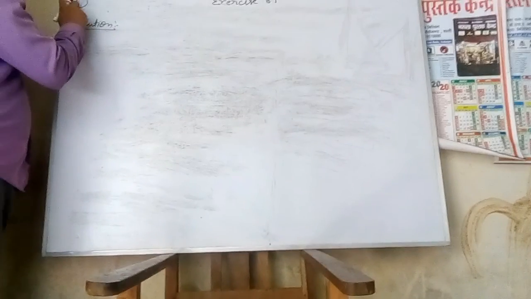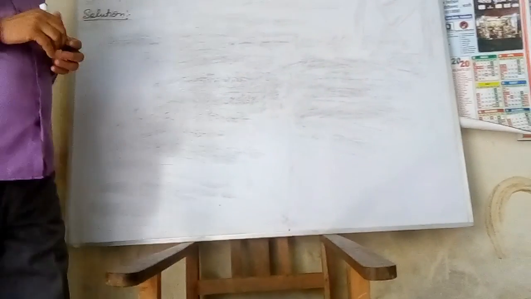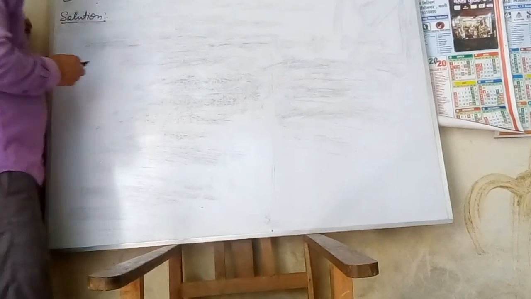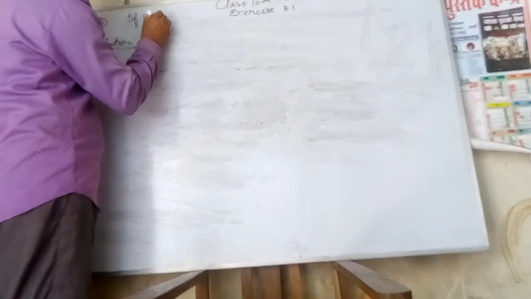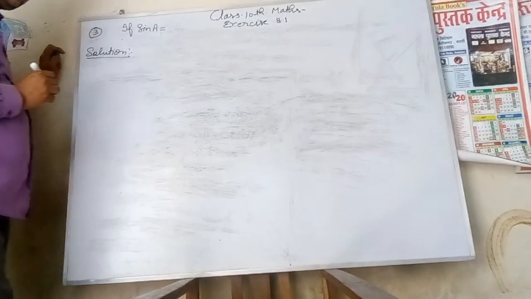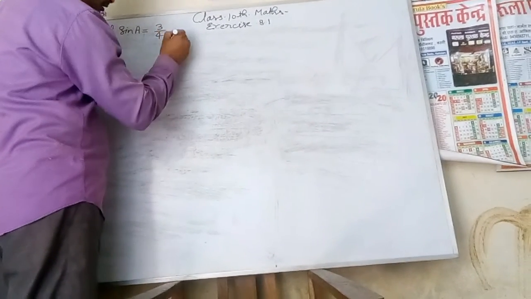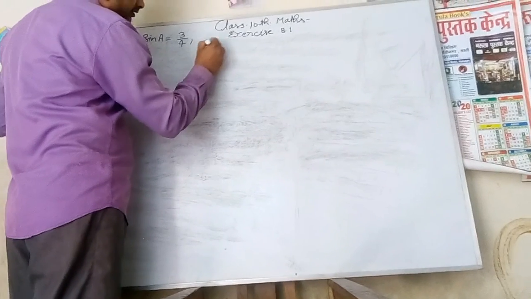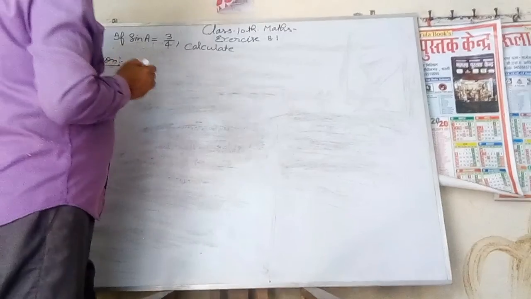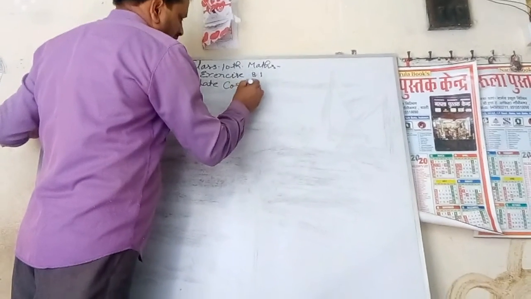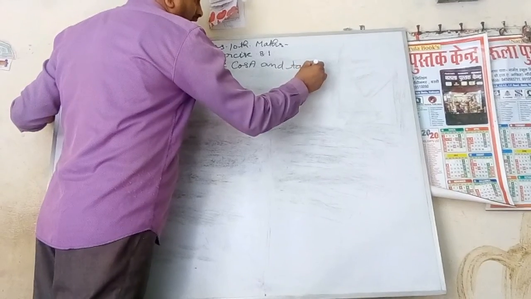Question number 3. Given that if sine of angle A equal to 3/4, calculate cos A and tan A, cos of angle A and tangent of angle A.